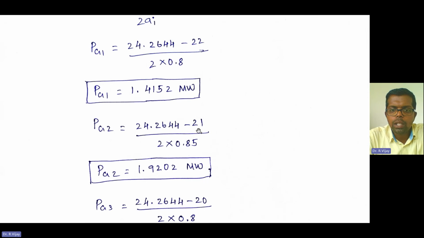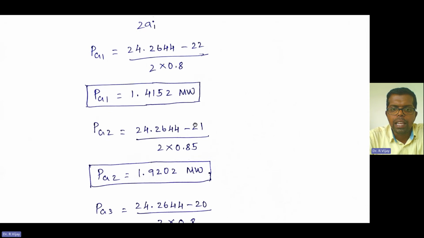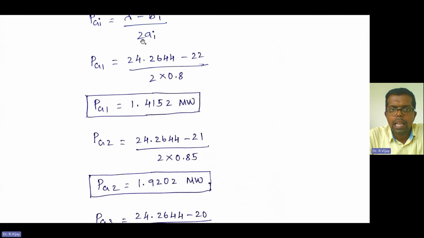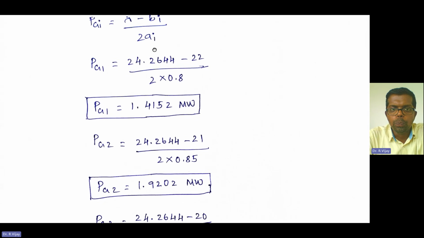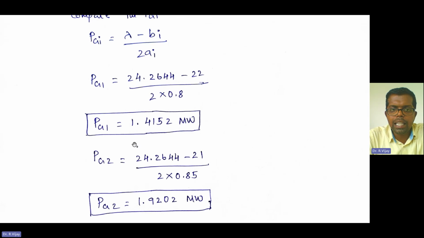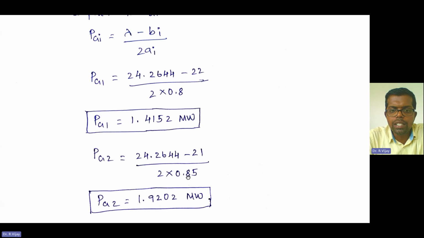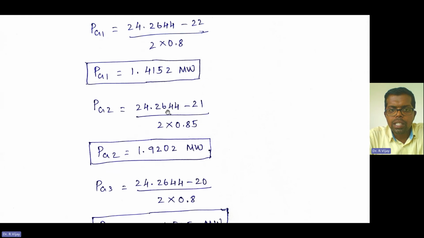Similarly, PG2 is 24.2644 minus 21, the whole divided by 2 into 0.85, where 0.85 is nothing but 2a2. You just substitute the values and simplify using your scientific calculator. You'll get PG2 as 1.9202 megawatt.